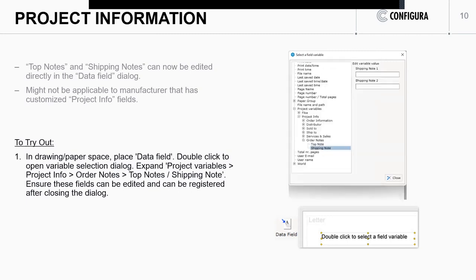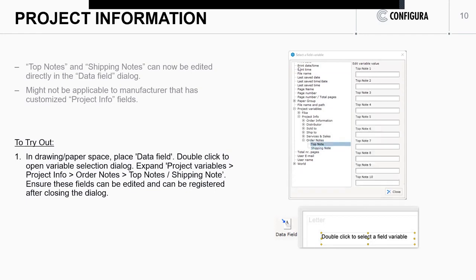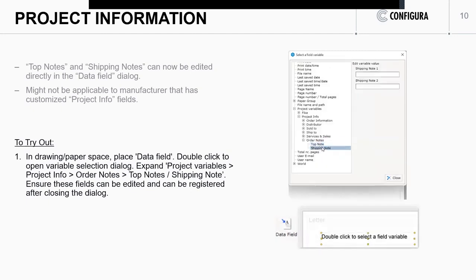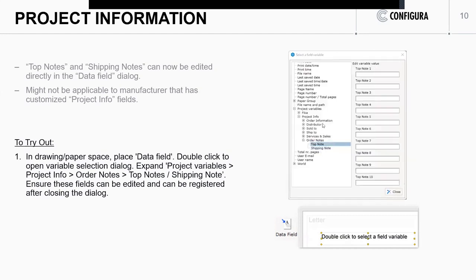In drawing space or the paper view, place a data field snapper in an empty space in your paper, and then double click it to open the variable selections dialog. Then expand the hierarchy to project variables, project info, order notes, and you'll find top notes or shipping notes.